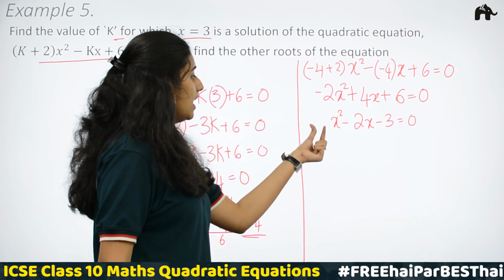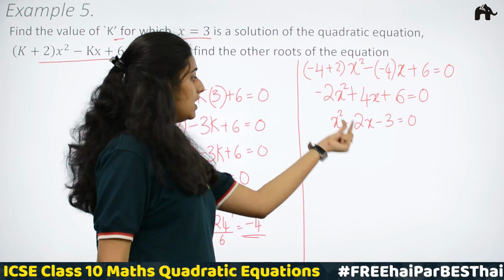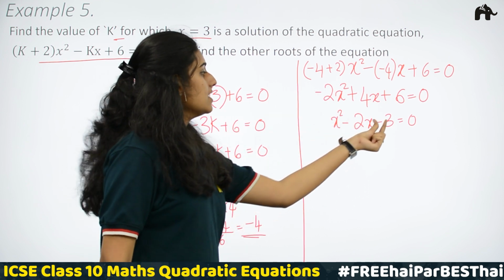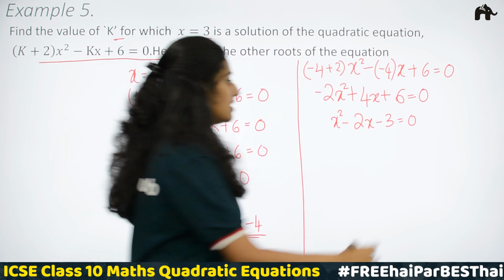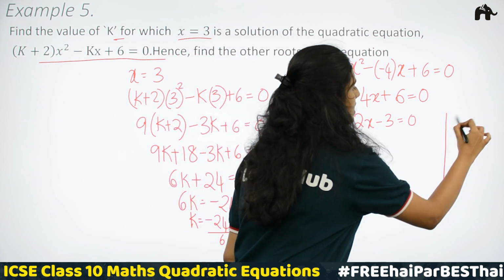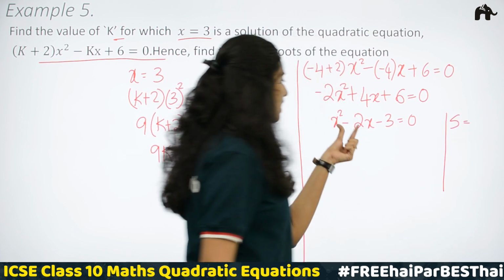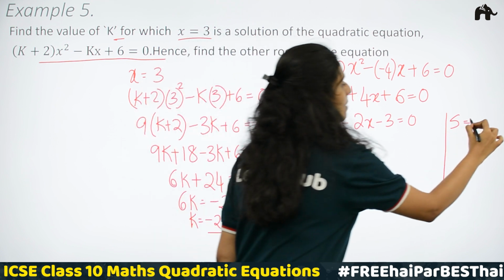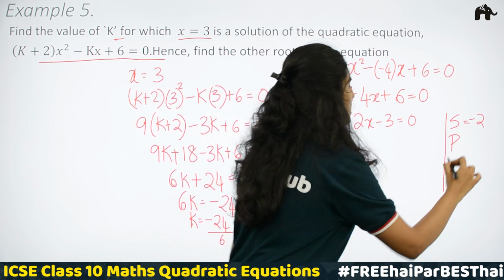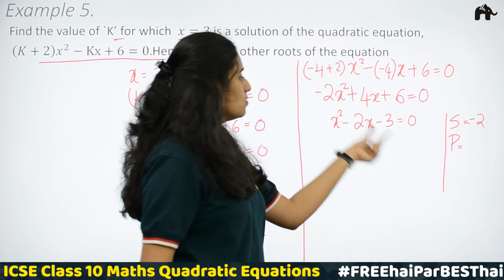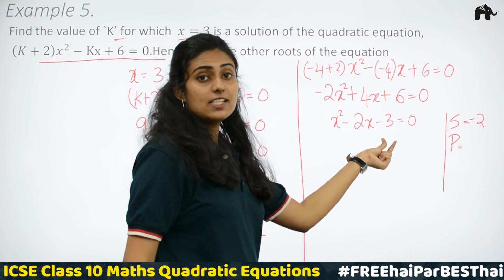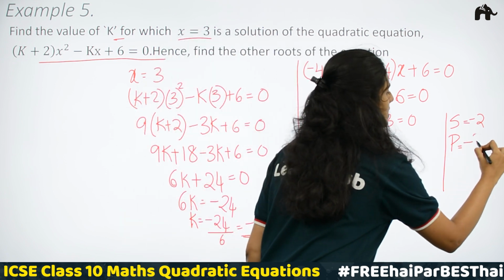Here a is equal to 1, b is equal to minus 2 and c is equal to minus 3. Now we can factorize this. We need two numbers such that sum is equal to b. Here b is minus 2. Sum is minus 2 and product is equal to a into c. a is 1 and c is minus 3, so the product is minus 3.